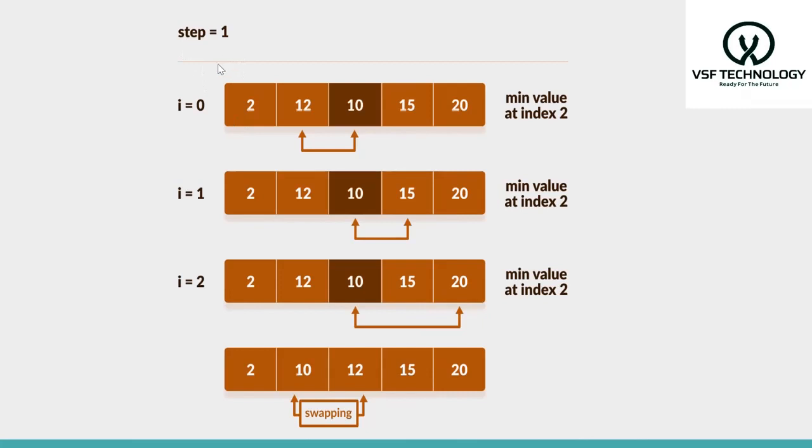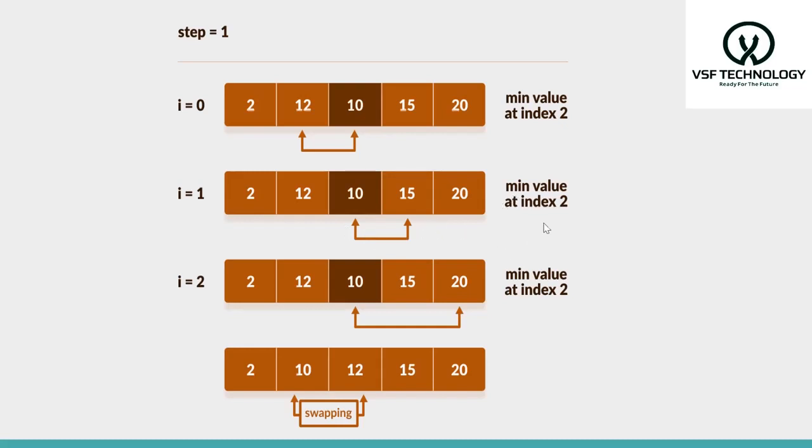Now see step 1. i is equal to 0. We compare index 1 with index 2. Then here the minimum value is at index 2 because index 2 is less than index 1. Now i is equal to 1. We compare index 2 with index 3.